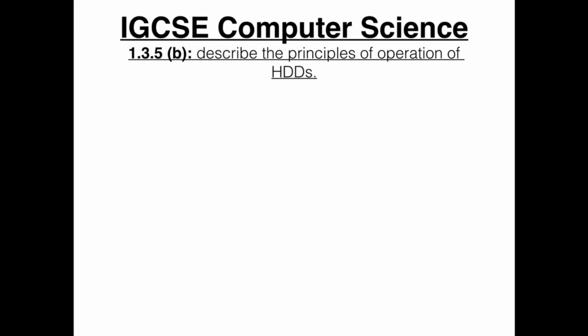IGCSE Computer Science, syllabus statement 1.3.5b. And actually, before we continue, 1.3.5b is pretty short when I look at it. It's shorter than output devices or input devices, but it's still stuff to learn. The next topic, operating systems, is much shorter. It's more of operating systems, interrupts, buffers, and all that.